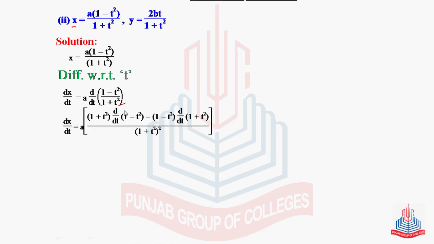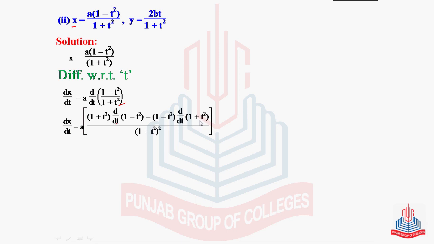a will be as it is, and by applying the quotient theorem, first we take the square of the denominator, (1 plus t square) whole square. Then 1 plus t square will be as it is, and the derivative will apply on the numerator, which is 1 minus t square. Minus (1 minus t square), the numerator, will be as it is, and the derivative will apply on the denominator, which is 1 plus t square.